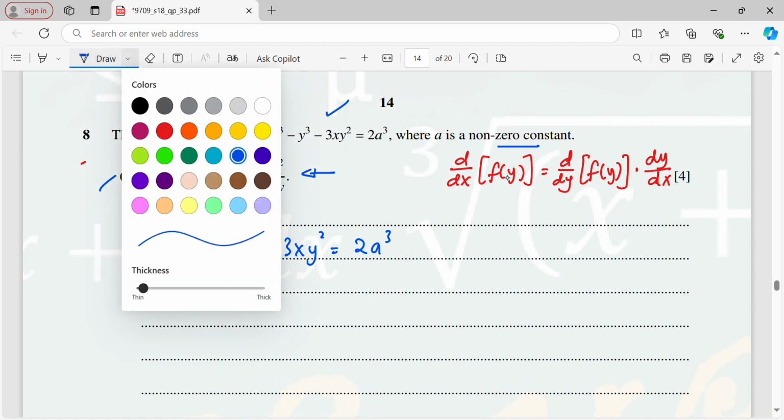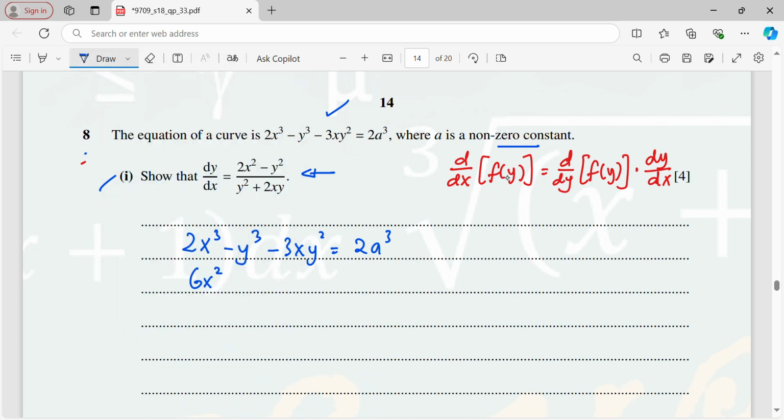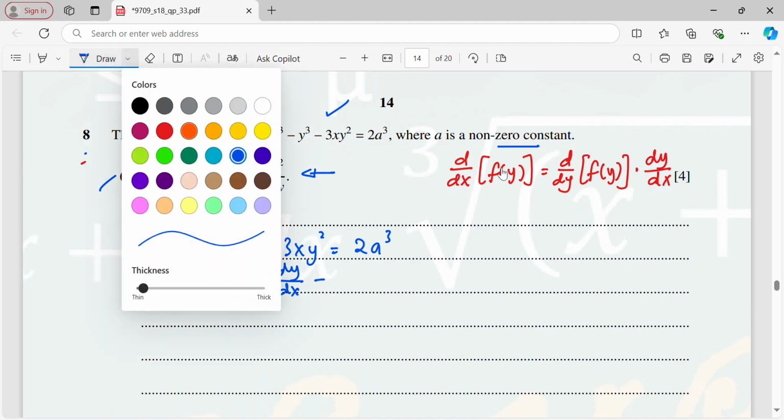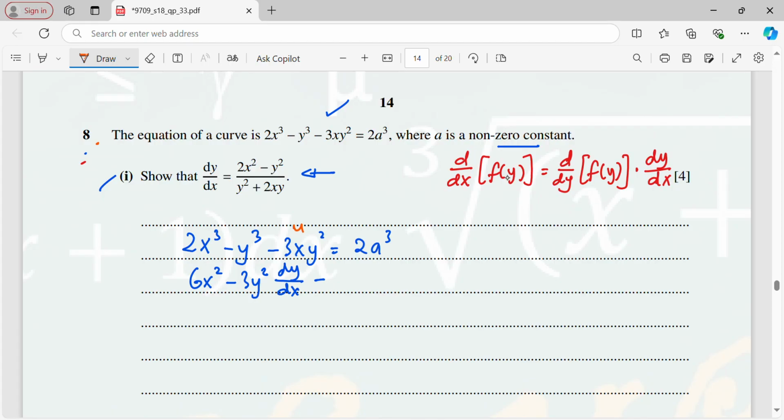So now here, when I differentiate minus y cubed, it will be minus 3y squared times dy over dx. And for the third term, I factorize a minus, and now I will let my 3x be the u, v be the y squared, and I apply the product rule.